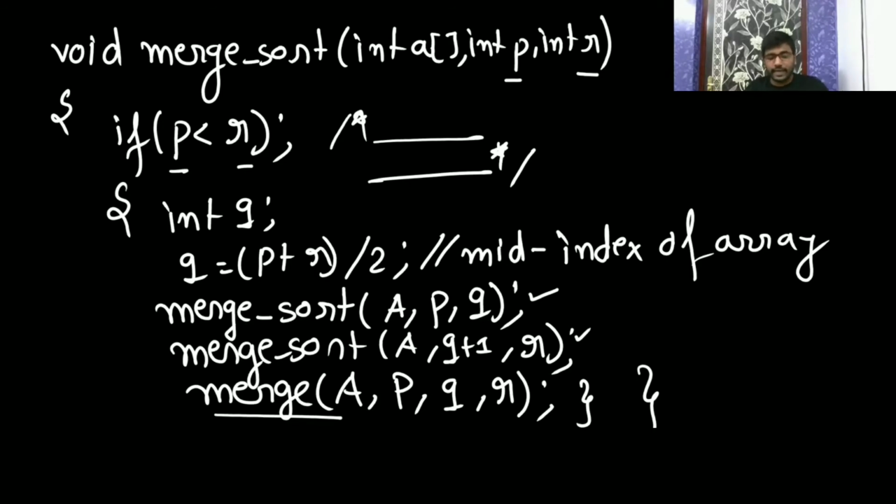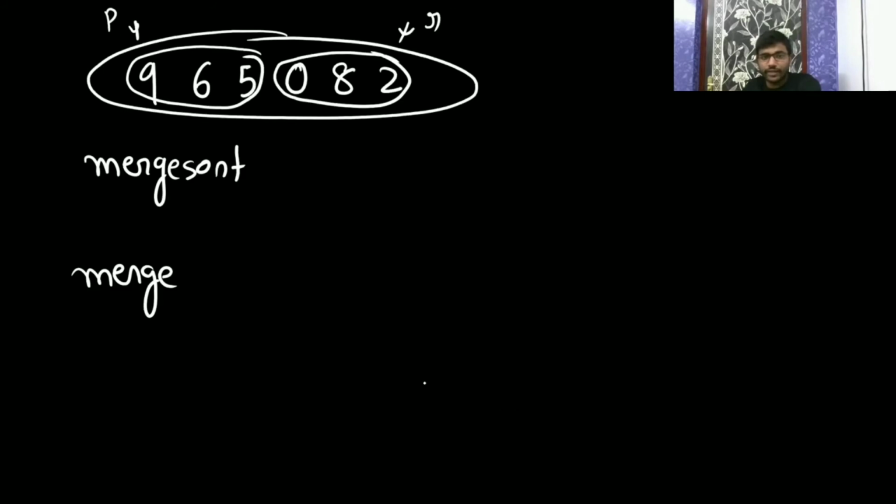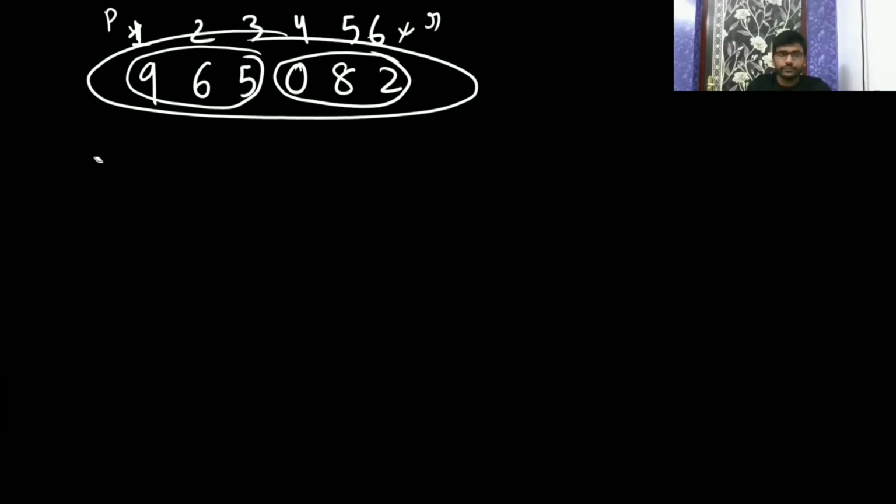Okay, let me take the array. It has indices 1, 2, 3, 4, 5, 6. Now see, P is smaller than R, yes.